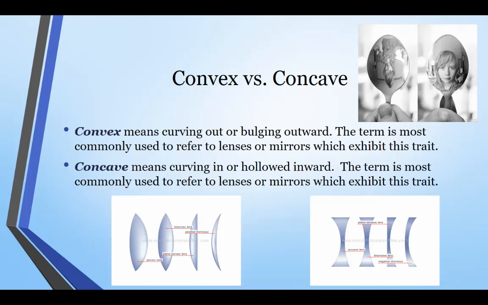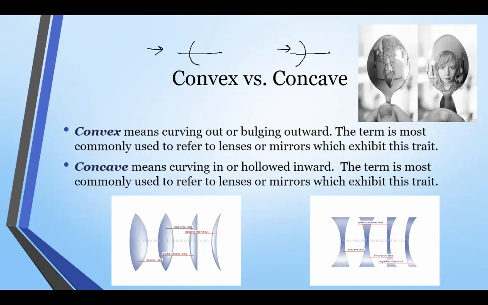So again, convex means bulging outward, and concave means bulging inward. Let's do this right above the words right here. So convex, if you're approaching it from this direction, this is convex because it's coming towards you. And this is concave if you're approaching it from this direction, because again, a cave you can walk into.